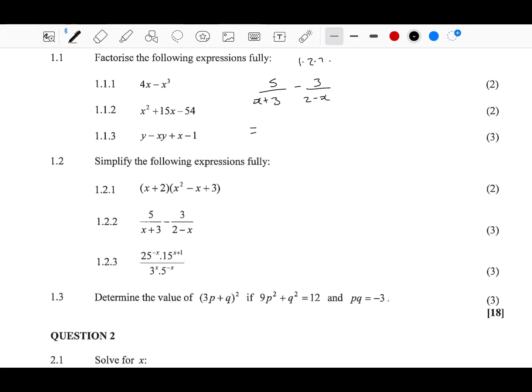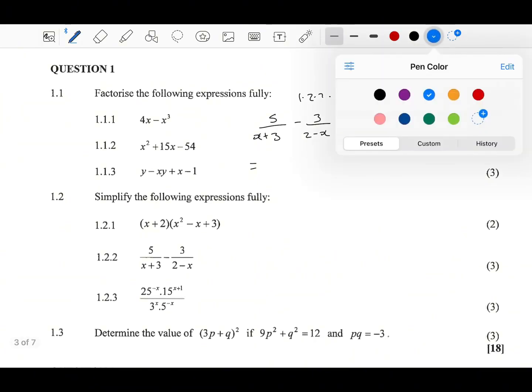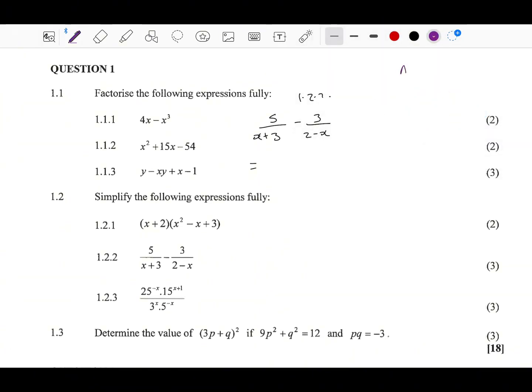Right, so what I would do from here then, simplify the following expression. The best thing here is to find the lowest common denominator. This is how you would essentially do it. Let's say you have a over b plus c over d. The lowest common denominator here is b times d, bd, right? And then from here, you'll have a times d plus c times b over bd.